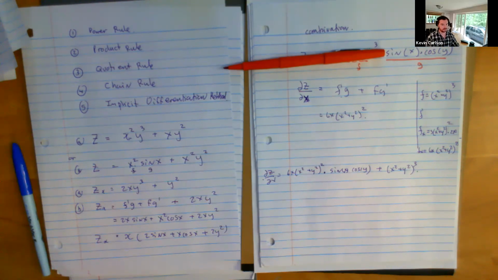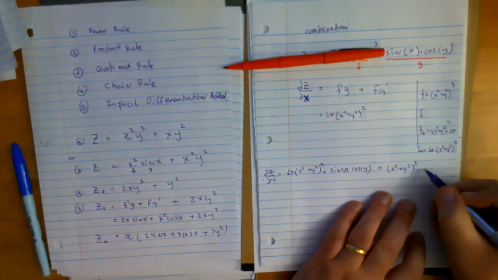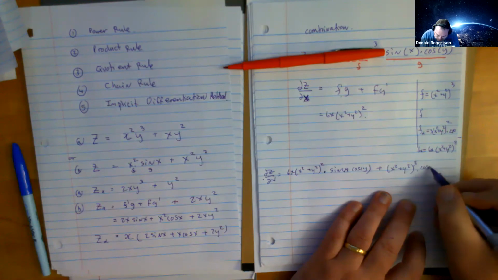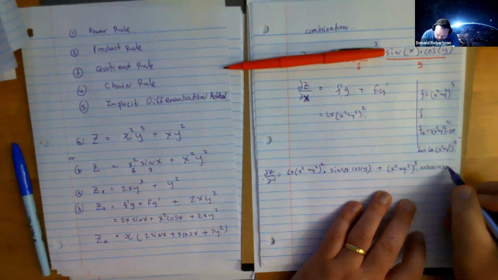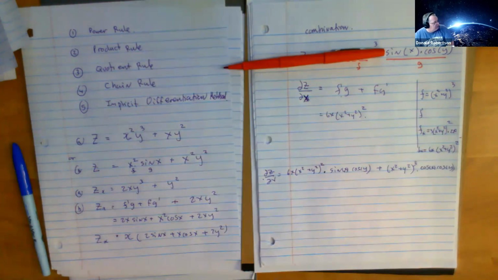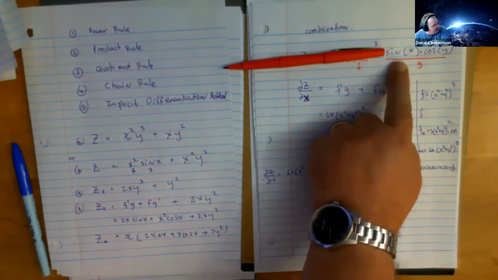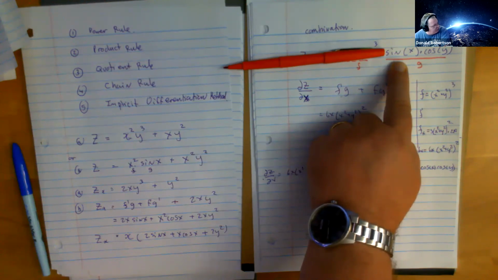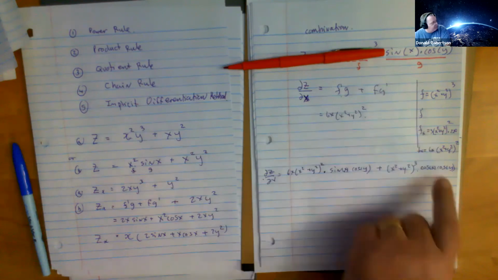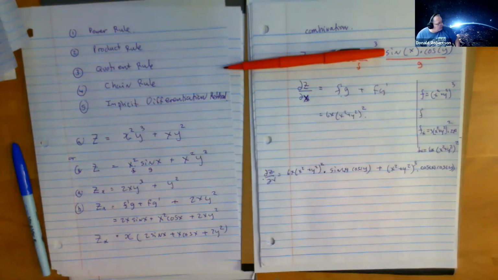You get cosine x cosine y. Right, x is being considered a variable. So if that was sine x on its own, wouldn't the answer be cosine x? And if it was 5 sine x, wouldn't it be 5 cosine x? Well, it's sine x times a constant, so it should be cosine x times a constant. The constant just happens to be called cosine y.